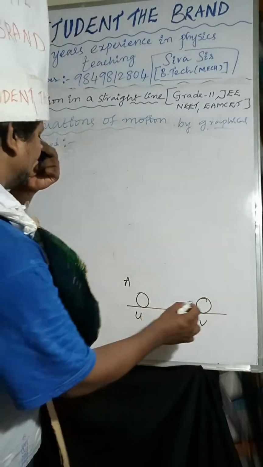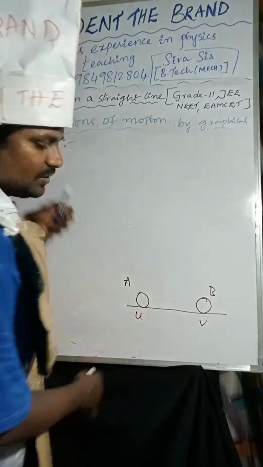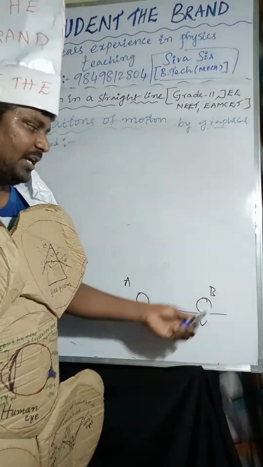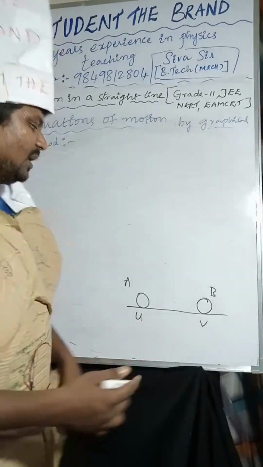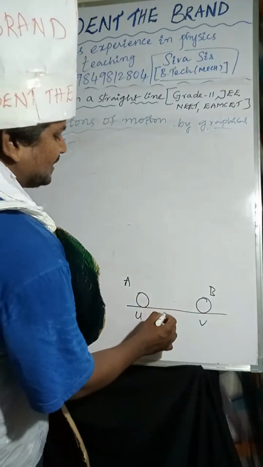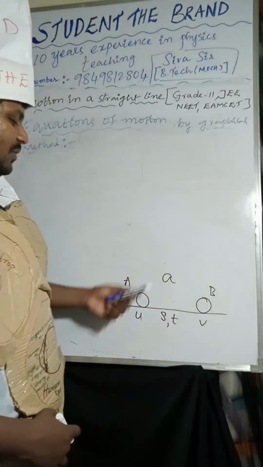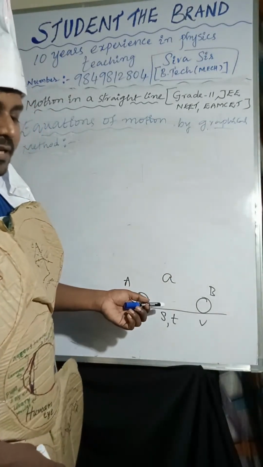So it travels a certain distance in time t. It is moving with uniform acceleration.